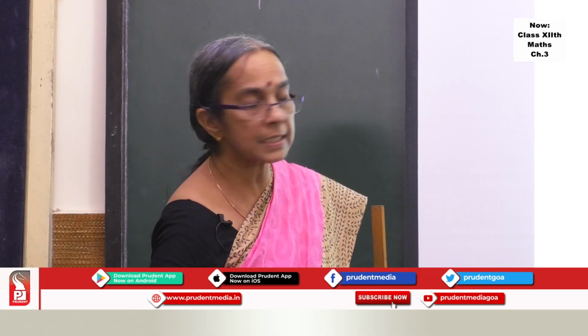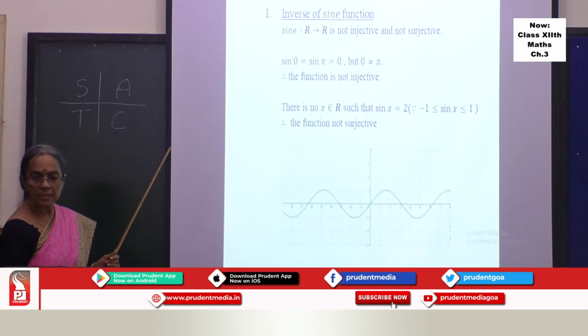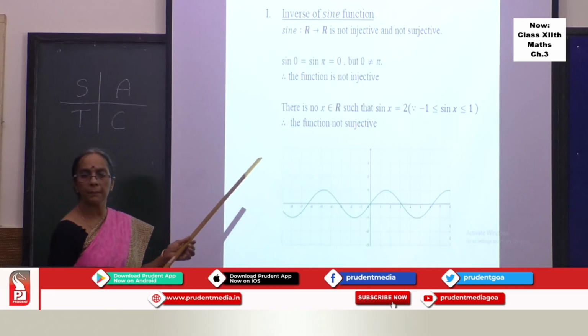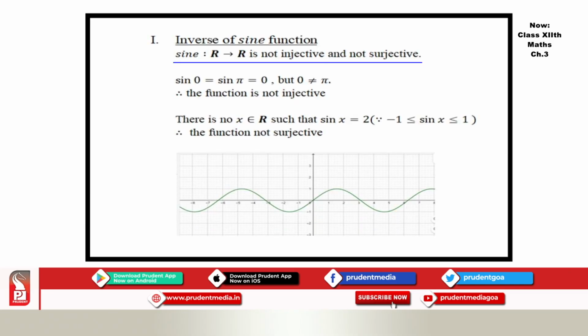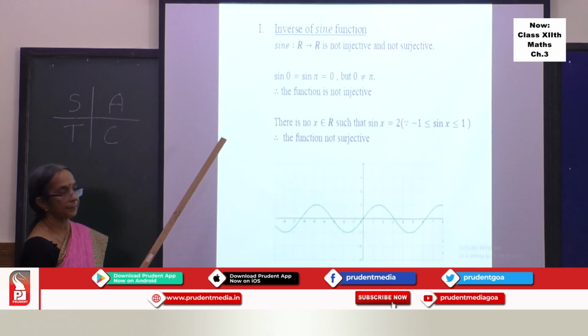Let us see what is the inverse of sine function. Here the sine function from R to R is not injective and it is not surjective. I explain it using an example.